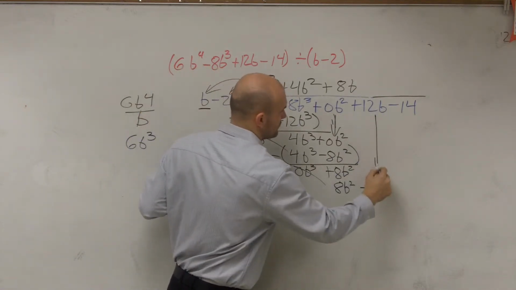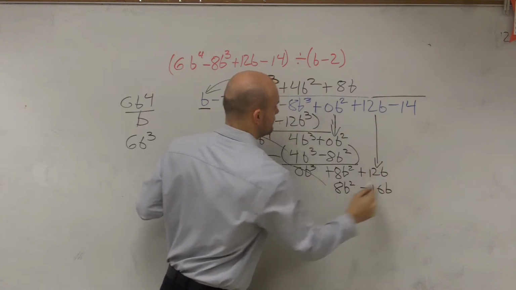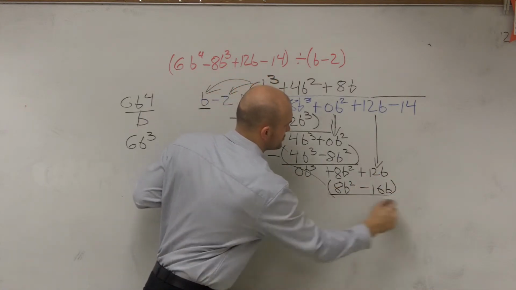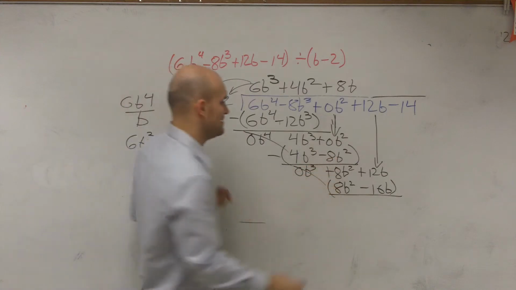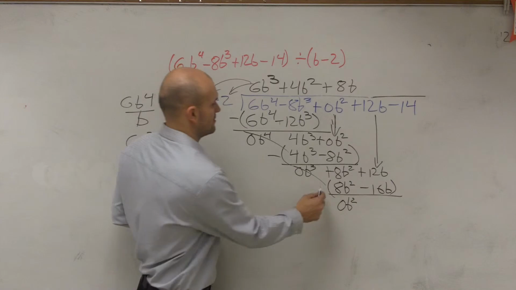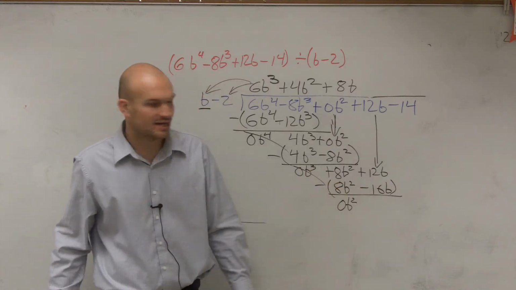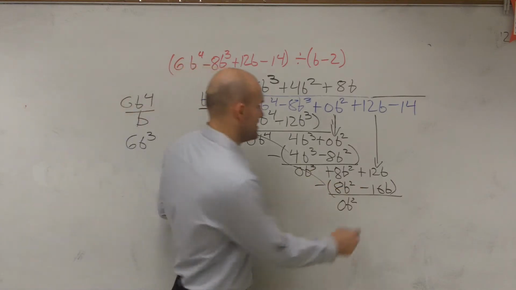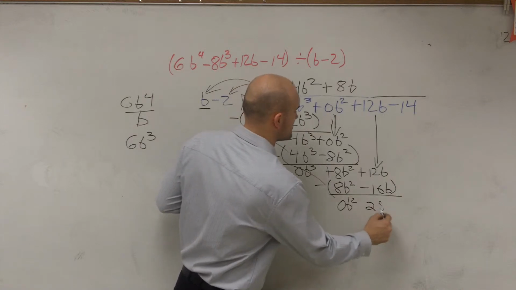We bring down the 12b. Subtract. 8b squared minus 8b squared is 0b squared. 12b minus a negative 16b is 28b.